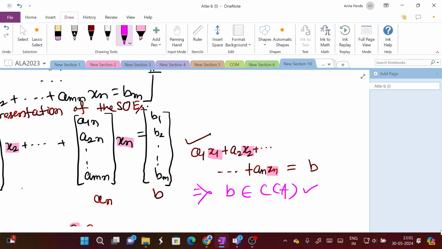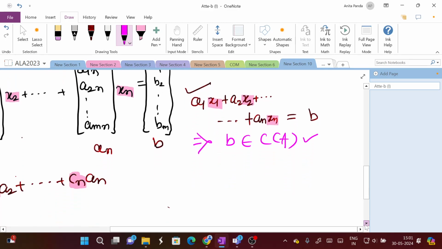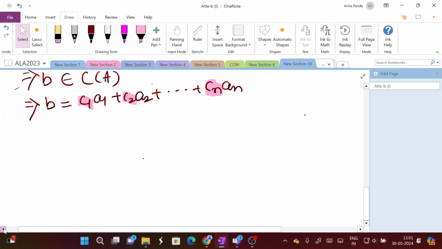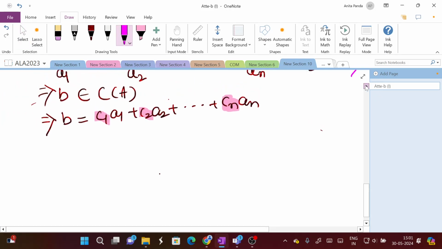Similarly, let us assume that b belongs to the column space of A. Observe here.